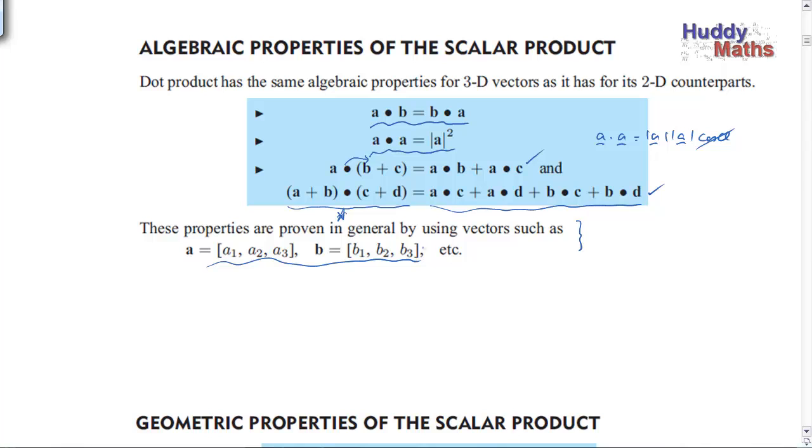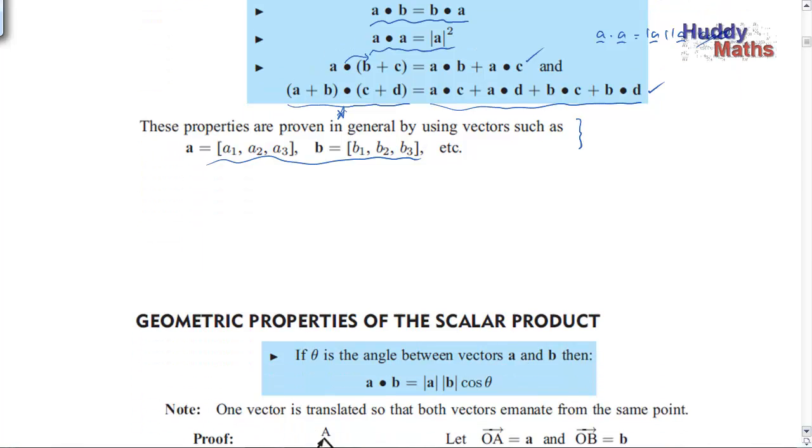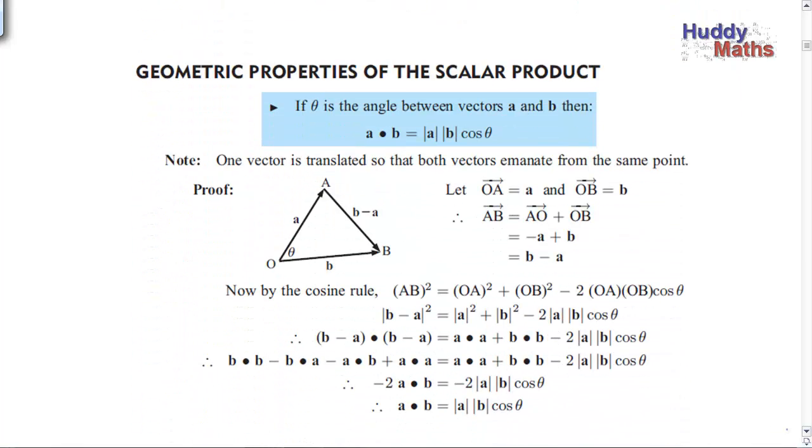All right, so let's have a reminder of the geometric properties of the scalar product. And I've just done it back there actually, because I like to think of the scalar product as coming about by trying to find the cos of the angle. But here's a different proof, if you like. These screen clippings are from Hayes and Harris, so you might have a look at their book there. One vector is translated so that both vectors emanate from the same point.